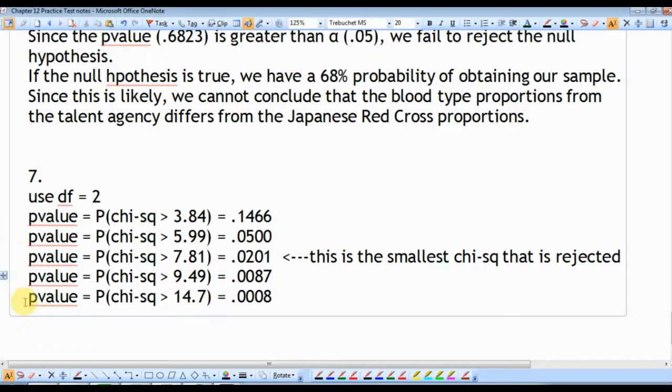Obviously you would reject for these three p-values right here.